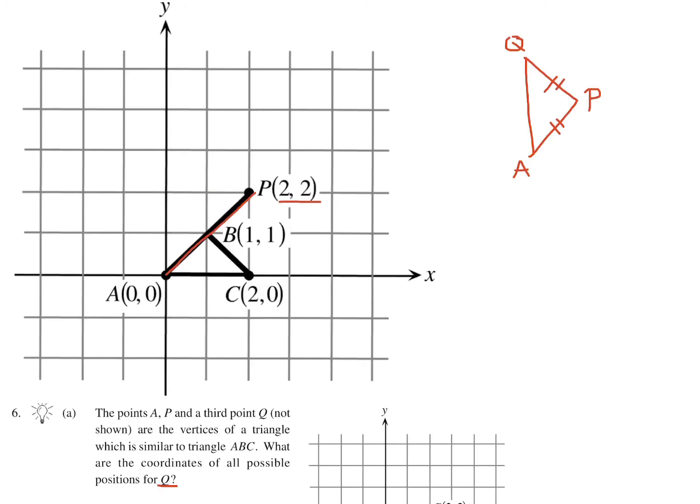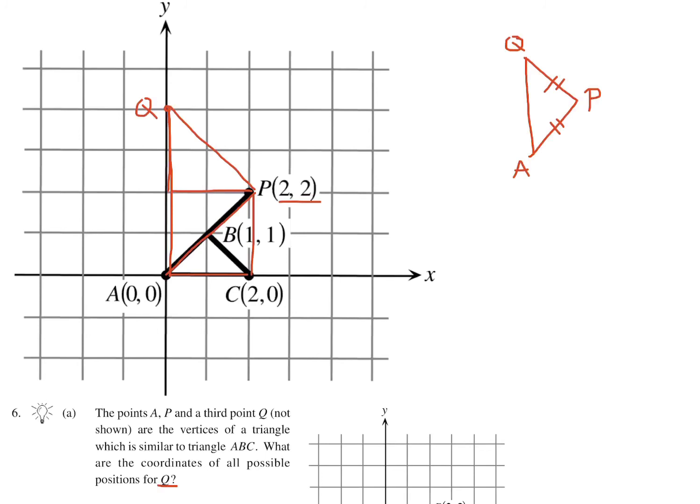So therefore, Q, if you went over 2 and up 2, in order to get to Q, we'd have to do the same. But in what direction? Well, let's see. Can we go over 2 this side and then go up to 2? Well, that doesn't make a triangle, right? That just makes a straight line. Can we go over 2 this way and up by 2 and then put Q here? Yeah, we can. And that would make basically APQ. And that would be a triangle that is similar to ABC.